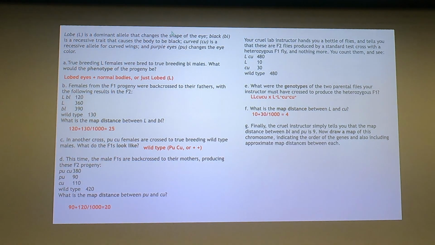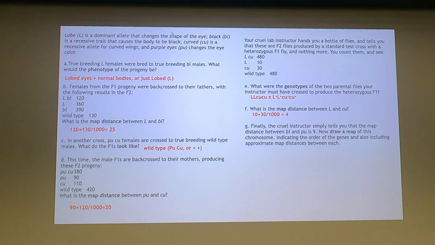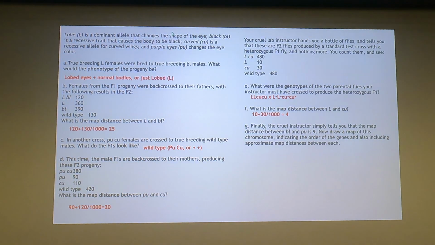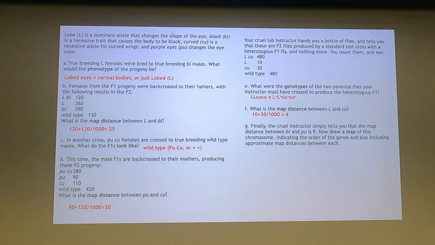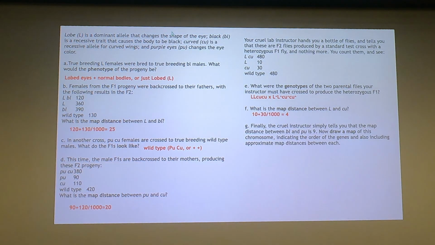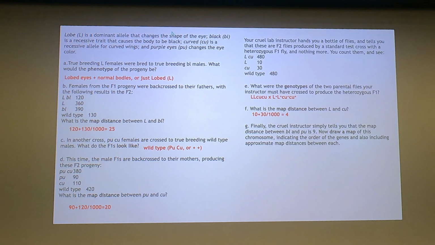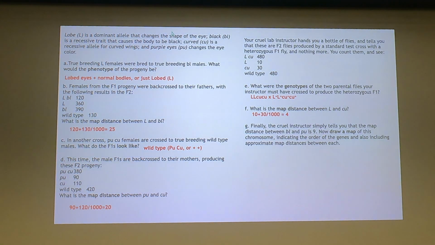The first one was lobe to BL. So there's L, there's BL. We're saying that's 25. The next measurement was PU to CU, and it was a little shorter. There's PU, CU, and that's 20.